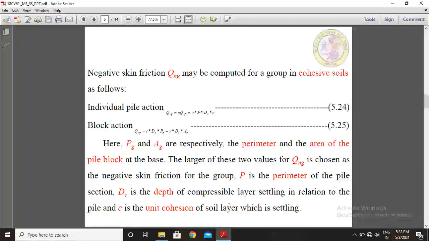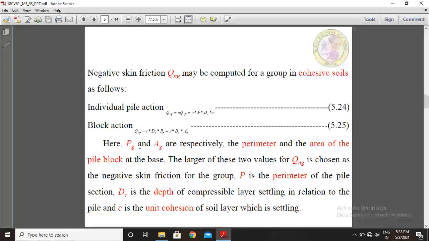Negative skin friction may be computed for a group in cohesive soils as follows. Individual pile action is given by the relation Qng = n Qnf = n × P × dc × C, and for block action the equation is given as Qng = C × dc × Pg + γ × dc × Ag.